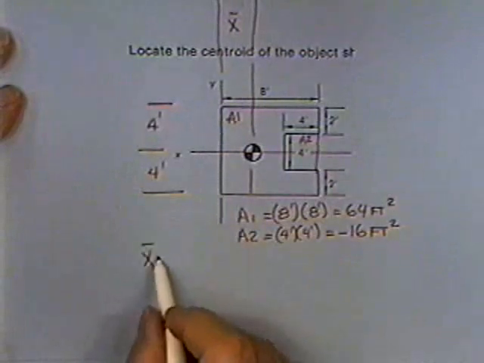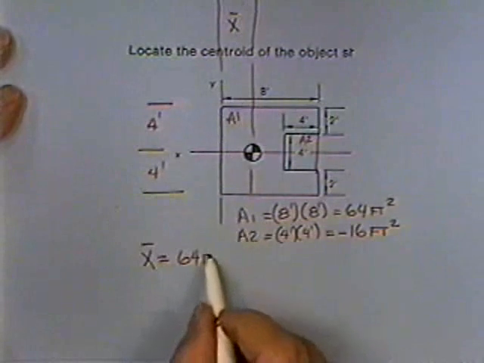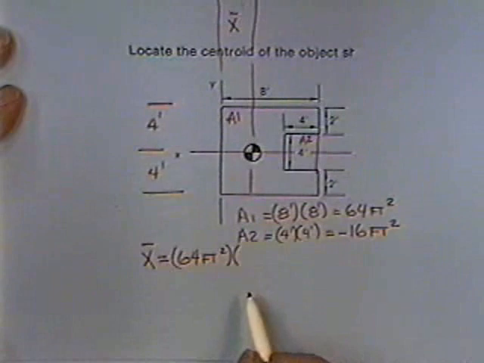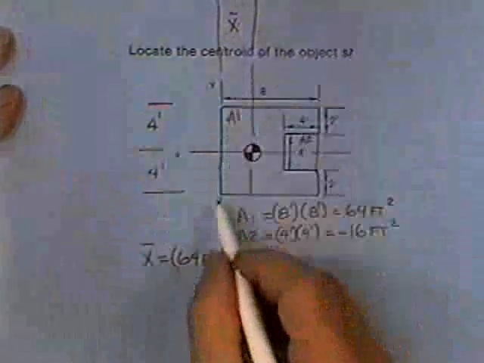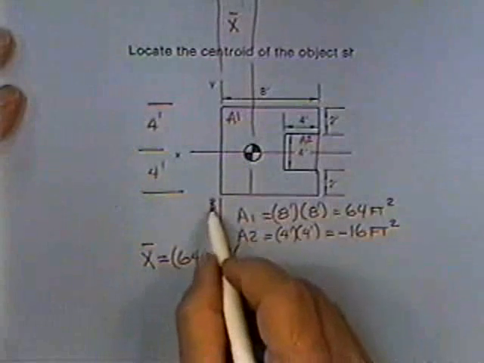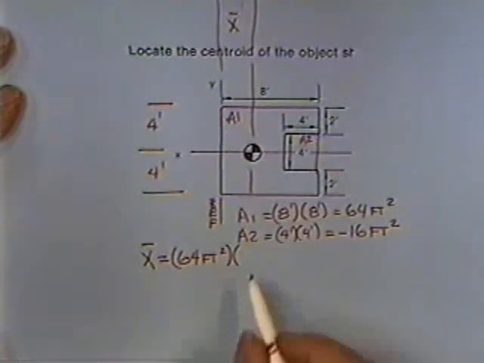The equation for X bar is area 1 times how far is area 1 centroid from the reference axis, and this is the reference axis. Well, it's an 8 by 8 chunk. An 8 by 8 chunk is halfway out down the 8-foot dimension.